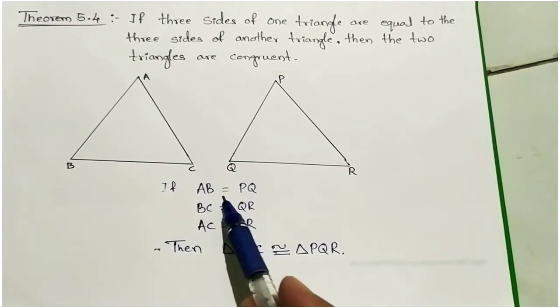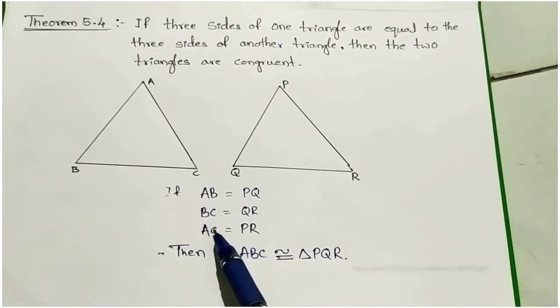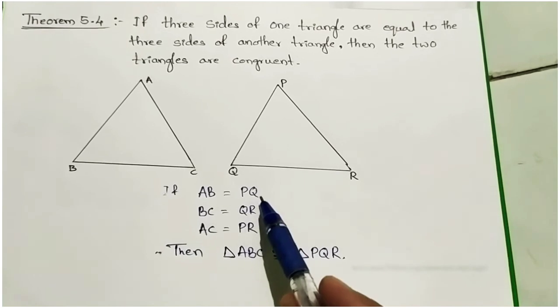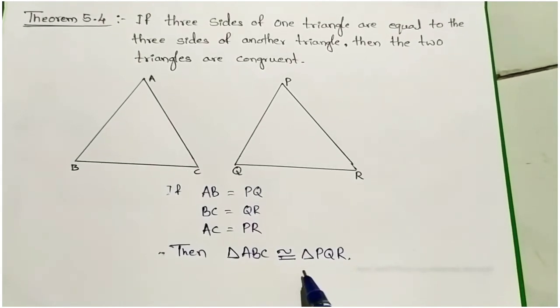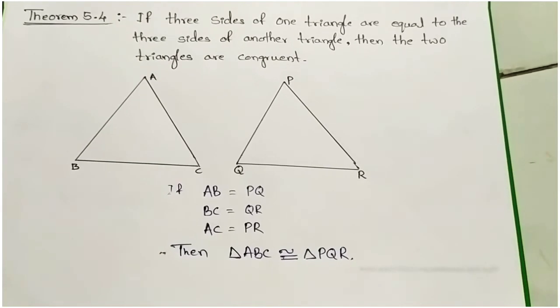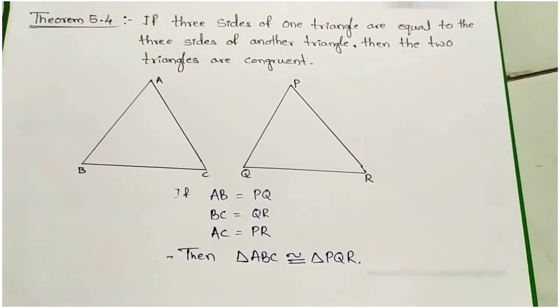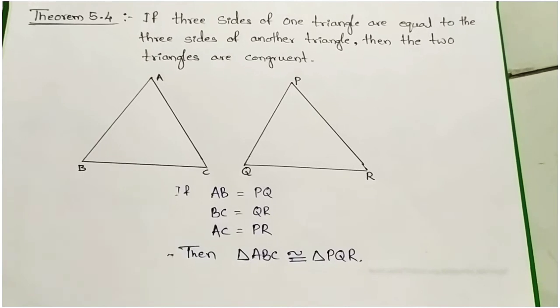So if three sides of one triangle are equal to the three sides of another triangle, then the two triangles are congruent. Like this you have to write in your fair book, no need of writing all the proof.